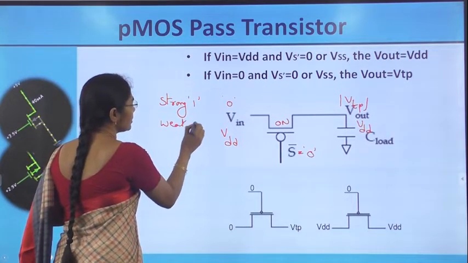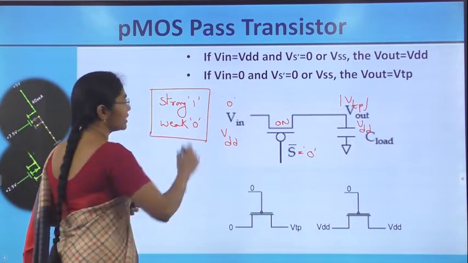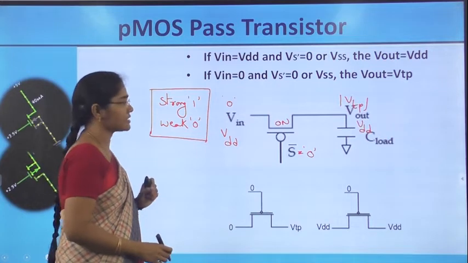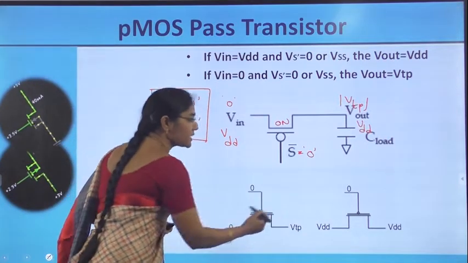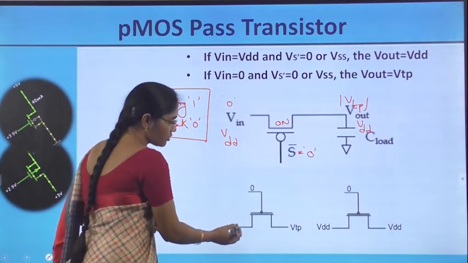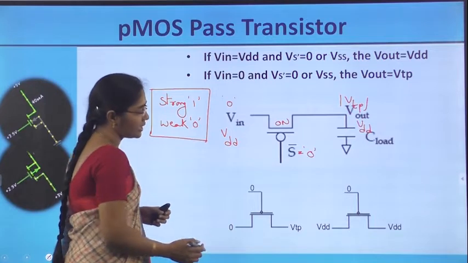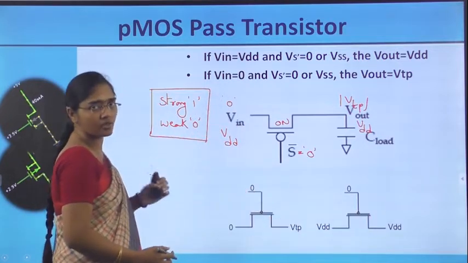So this is the characteristic of the PMOS transistor. Whenever 0 is applied at the gate, only then is it acting as a pass transistor, and if the input applied is 0, it passes as VTP. If the input applied is VDD, it passes as it is, as VDD.